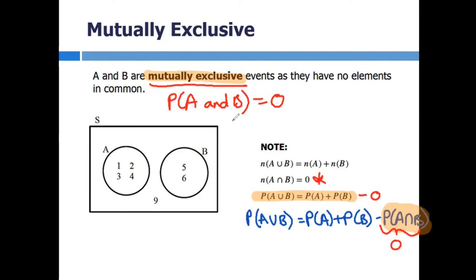And because that is equal to 0, therefore, it's the same formula we had earlier, except it looks like we haven't bothered to subtract at the end. Okay, but it is actually the same formula. So that's what mutually exclusive is.